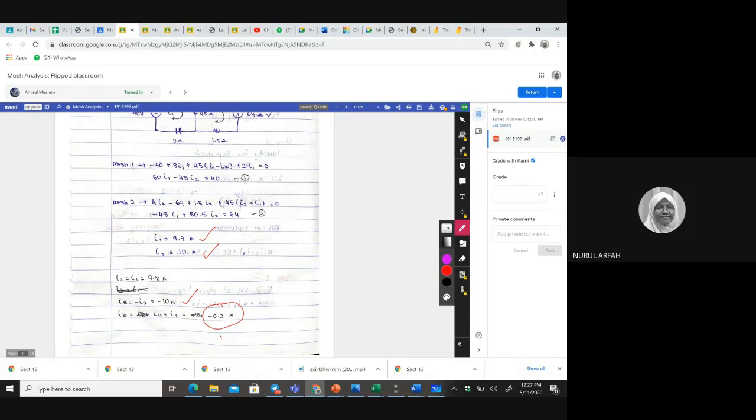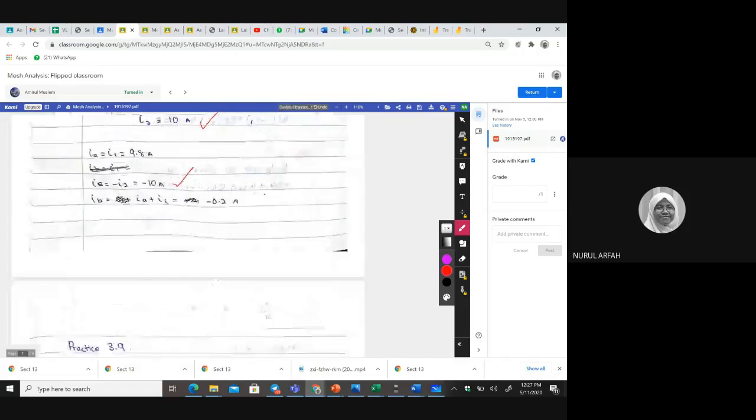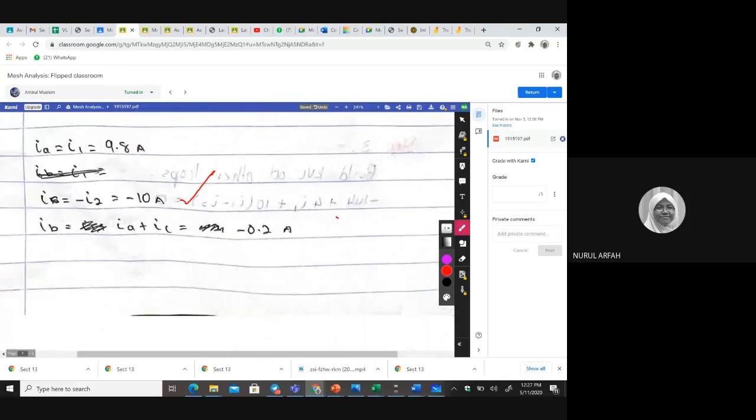IB? If it is a minus, then it should be correct. Do you get the same answer for IB? Negative 0.2.